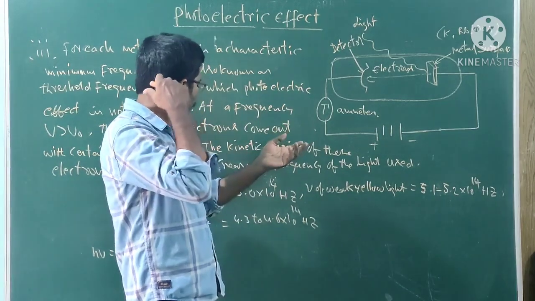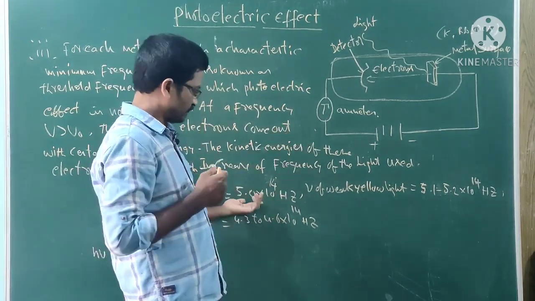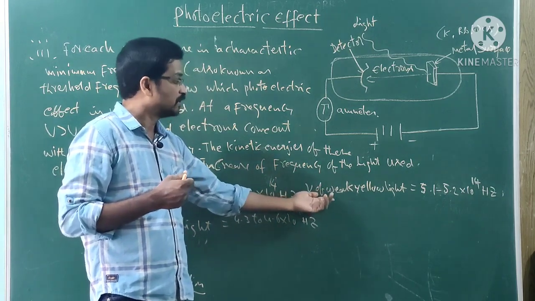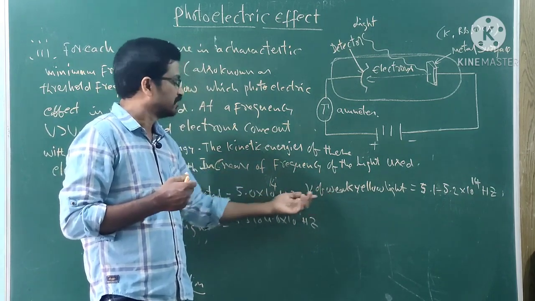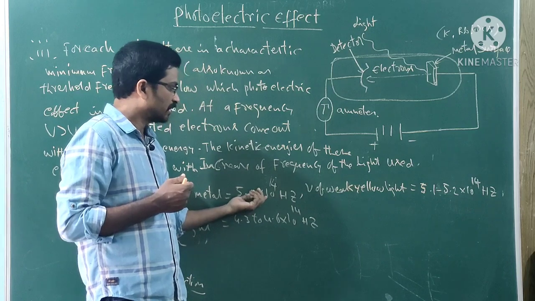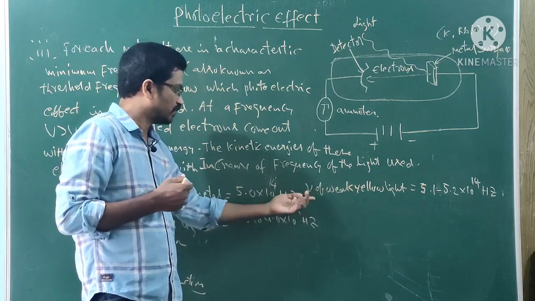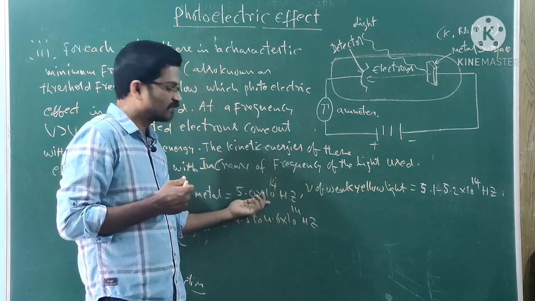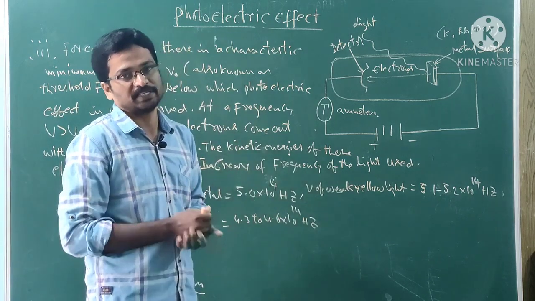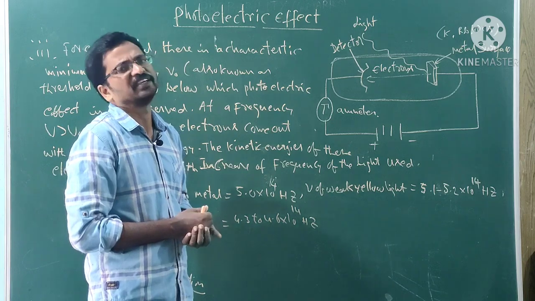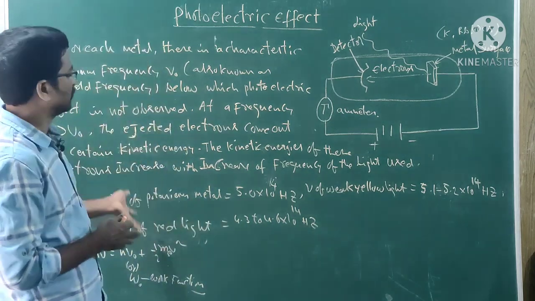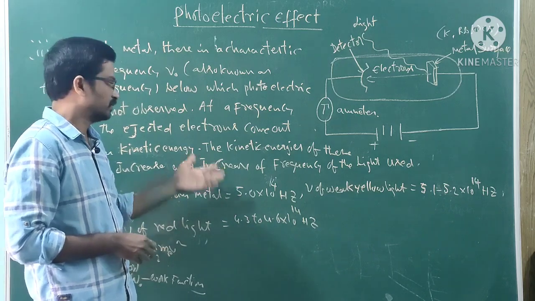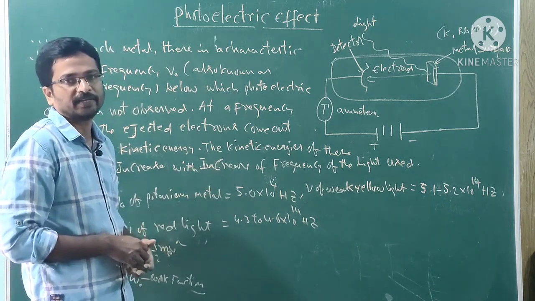If it is very low, if the frequency of light is less than the threshold, then ejection of electrons does not take place. This is the idea they have given. From these three points you can understand the photoelectric effect very easily.